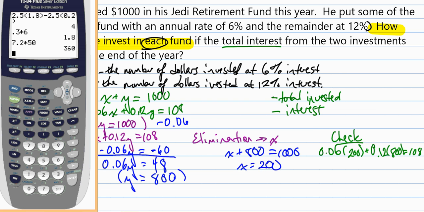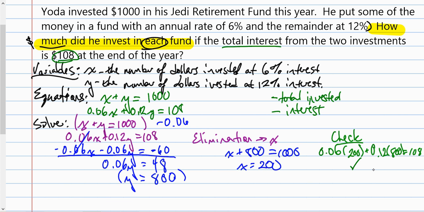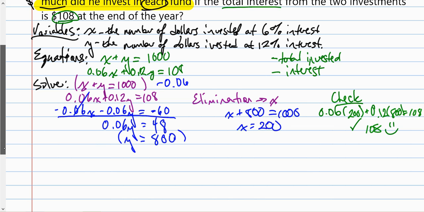So 0.06 times 200 plus 0.12 times 800. Make sure it gets all of those pieces, and when I hit enter, I should get the 108, and I do. And that gives me a smiley face.